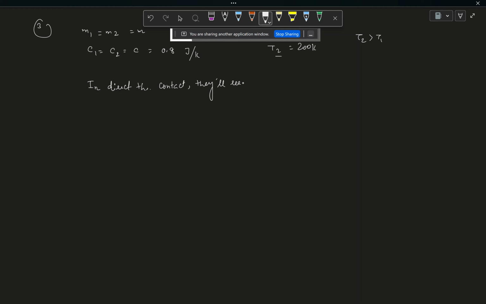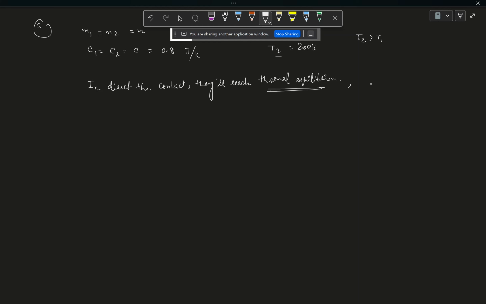In direct thermal contact, they will reach thermal equilibrium.